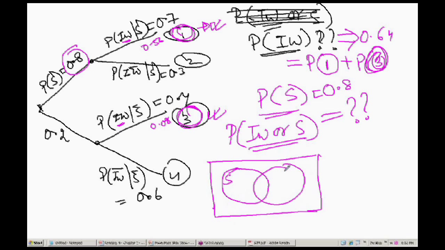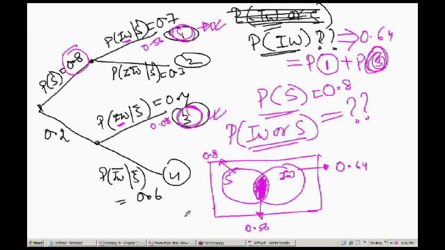The probability that India will win: sometimes Sachin playing and India winning happen together. We computed that to be 0.56. We also computed the probability of India winning, which was 0.64, and the probability of Sachin playing as 0.8, rather, it was given.